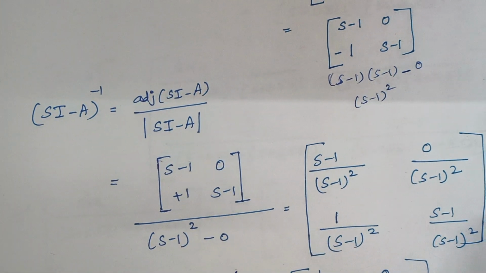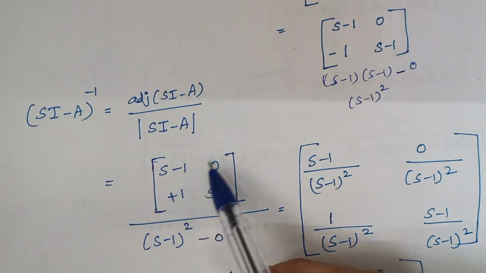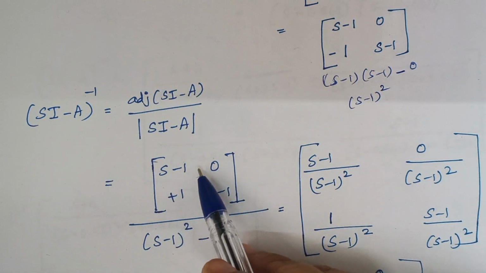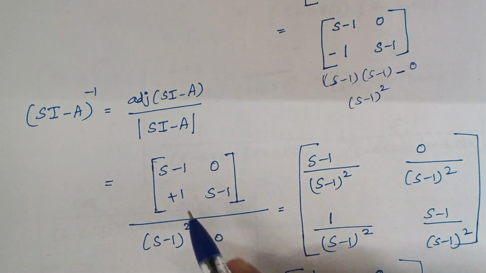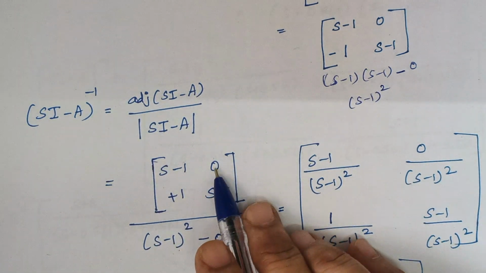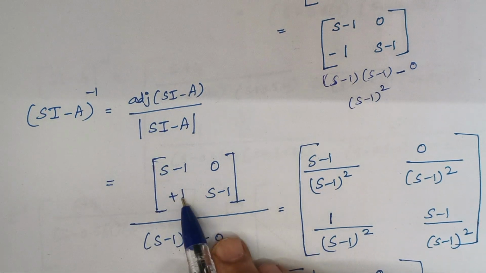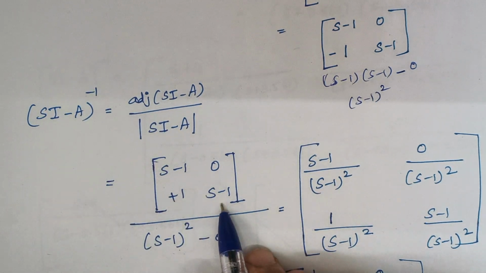Right. So the next step is, here I am bringing this denominator term for each and every individual term which is present here. So that becomes (s minus 1) divided by (s minus 1) whole square, 0 divided by (s minus 1) whole square, similarly for 1, and similarly for this s minus 1.